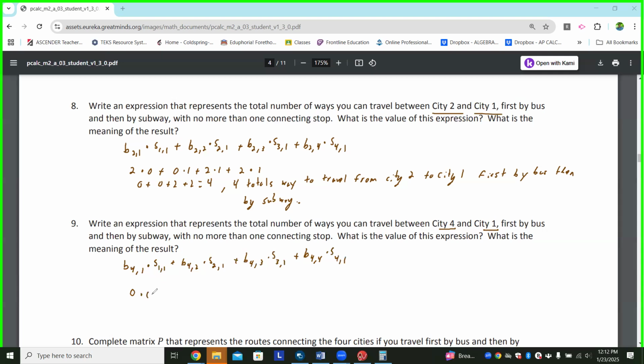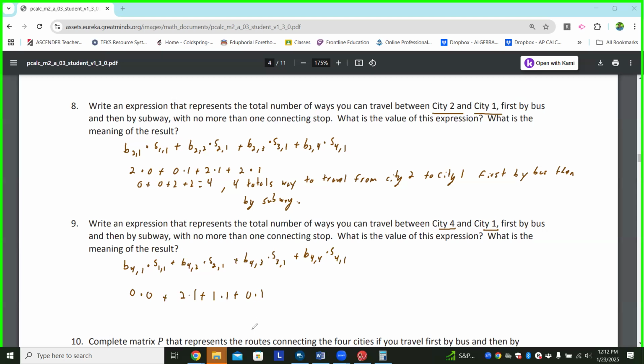S11, B42, subway or S21, B43, S31, B44, S41. What do we get? Row 4 should be 0, 1. Yeah. Row 4, column 1.